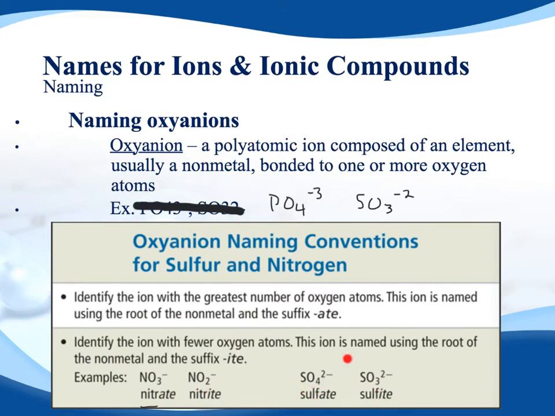The only connecting factor is that for the one with more oxygen atoms, you take the root, sulfur, and change the suffix to -ate, so SO4 -2 is a sulfate ion. Yes, you have those yellow sheets with all the names listed, but if you're trying to remember more easily, perhaps this is a good way of doing it. So sulfate, the one with more oxygen, ends in -ate. Sulfite, SO3 -2, has fewer oxygen.